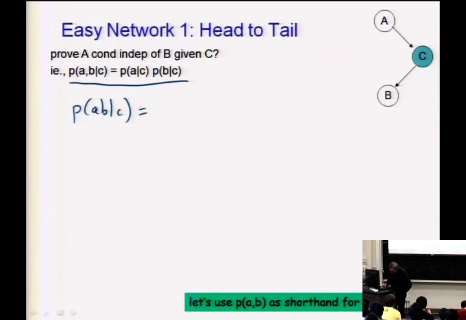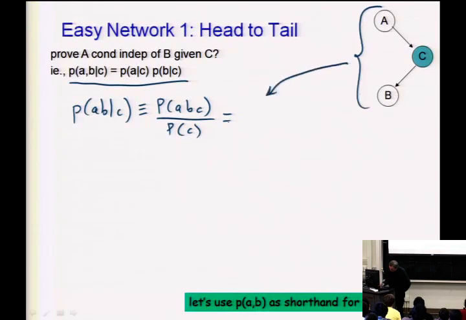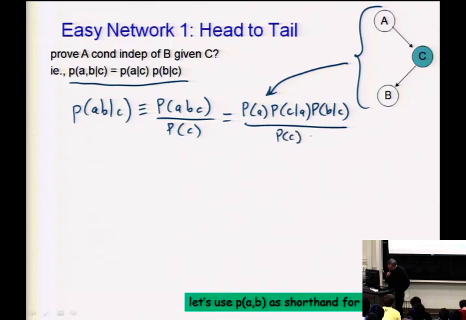By definition, the conditional probability here is just the probability of A and B and C over the probability of C, right? And now, according to this Bayes net, I can write that joint distribution. It's the probability of A, probability of C given A, and the probability of B given C, over, of course, the probability of C.